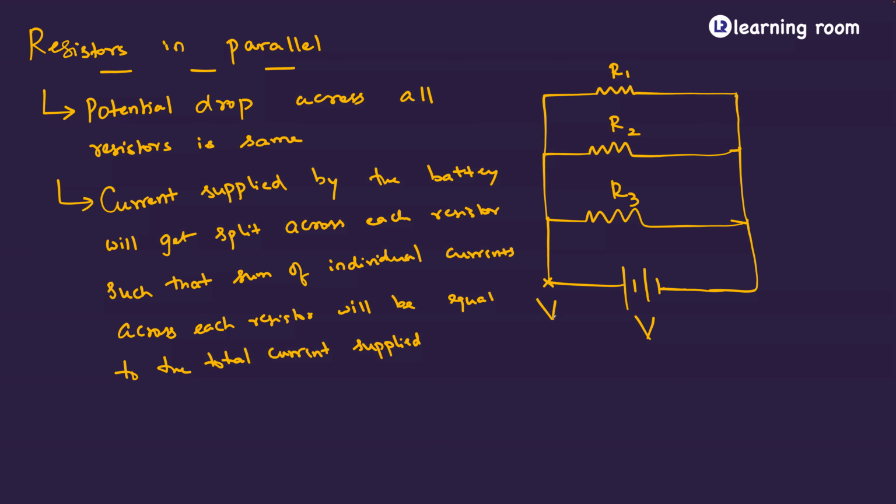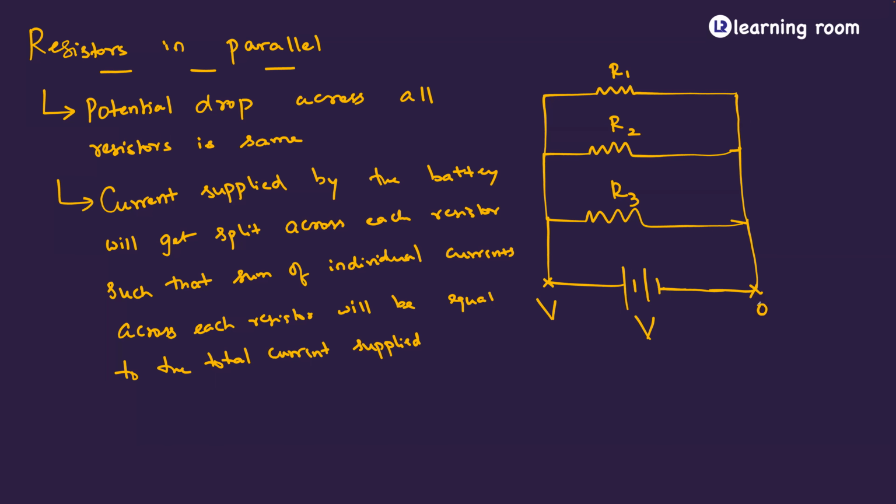If the positive terminal has a potential V, I can take the potential of this point to be 0, so that the potential difference between the positive and the negative terminal gives you the potential drop across the battery.